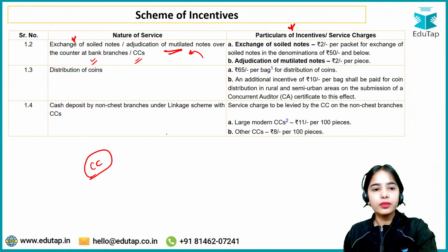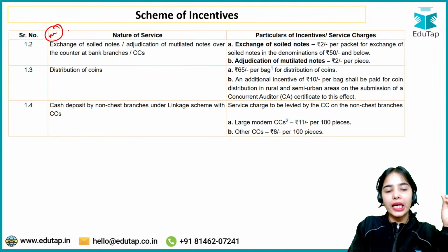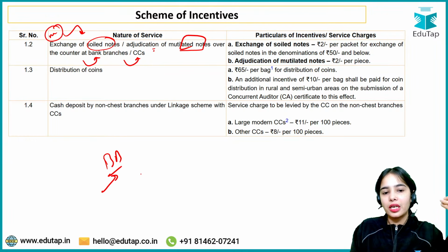So let's say the members of the public are exchanging their soiled notes and adjudicating their mutilated notes over the counter at the bank branches or the currency chest. If the bank branches are receiving the soiled notes and mutilated notes, for the exchange of soiled notes, ₹2 per packet is the incentive that will be provided by the RBI.